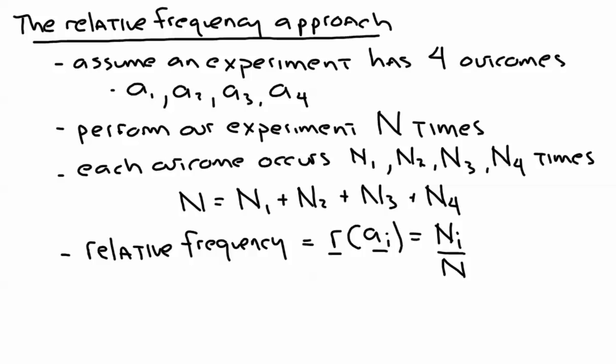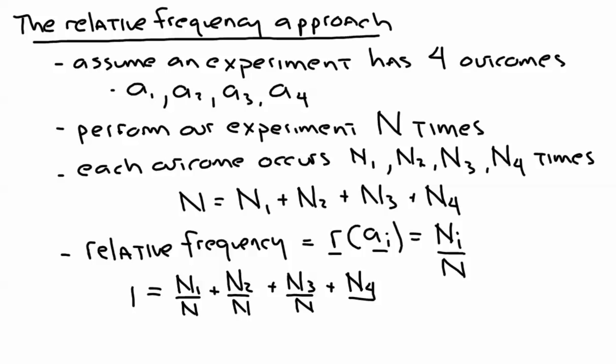Another way to write that, or rather an observation, is that 1 equals N1 divided by N plus N2 divided by N plus N3 divided by N plus N4 divided by N. All right?